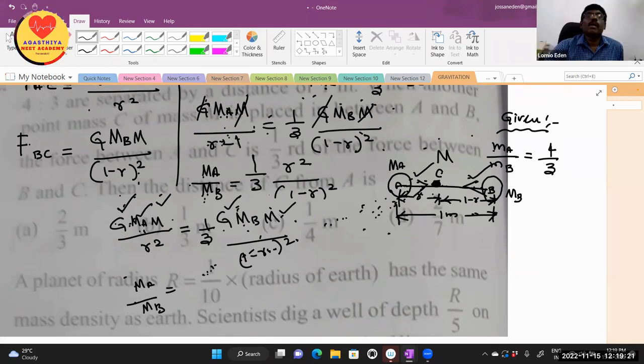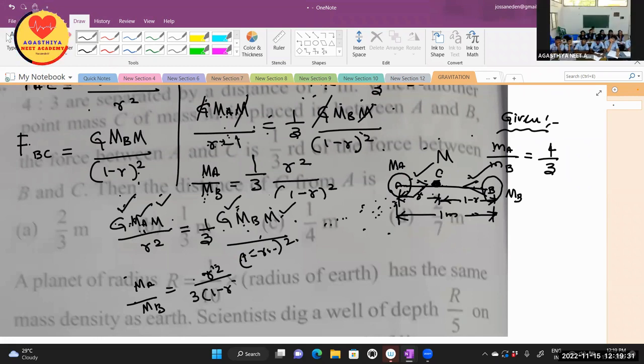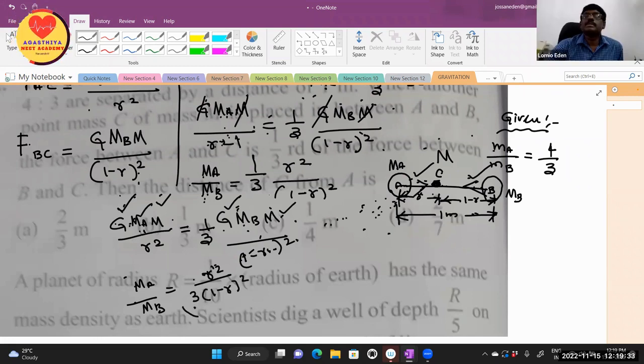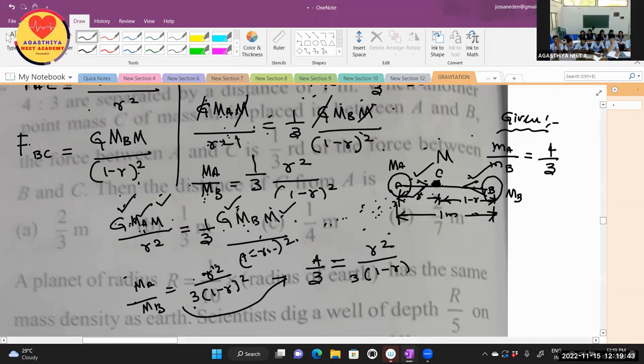Then R squared divided by 3 times (1 minus R) whole squared. The next step is 4 by 3, that is equal to R squared over 3 times (1 minus R) whole squared.